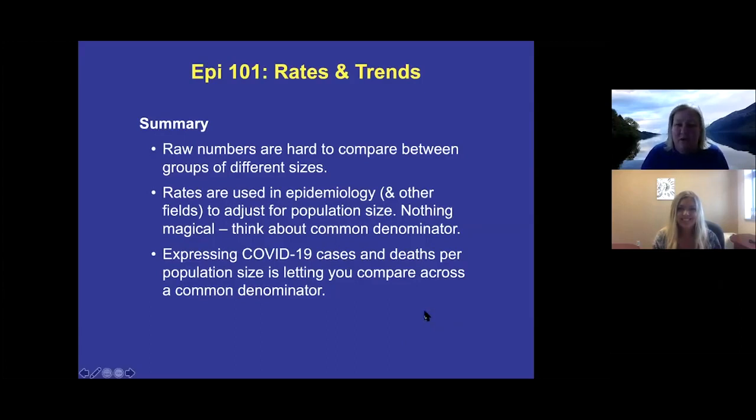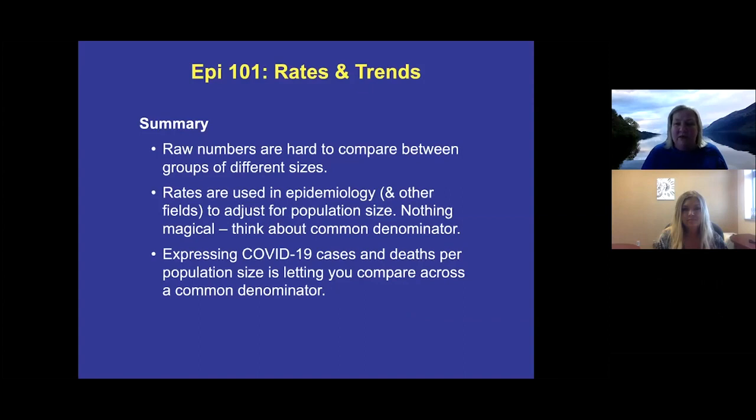So in summary, with these trends and rates, I just think it's important for people to realize that raw numbers are hard to compare between groups of different sizes. And rates are used in epidemiology and a lot of other fields when you hear per capita, that is adjusting for population size. And there's nothing magical about it.